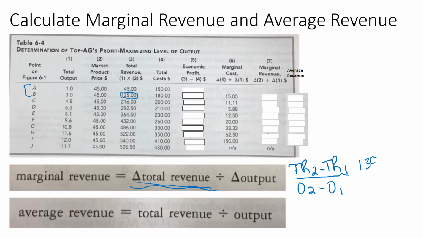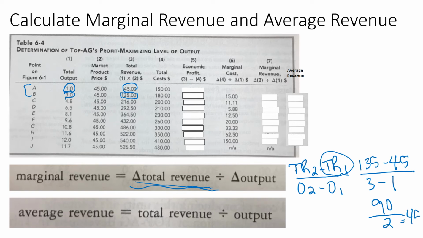So we have 135 minus total revenue 1, which is 45, divided by output 2. Output 2 is 3 minus output 1, and output 1 is 1. So 135 minus 45 is 90, divided by 3 minus 1, which is 2. So that's going to be 45. So our marginal revenue here is going to be 45. So by selling one additional unit, we will make $45 more.